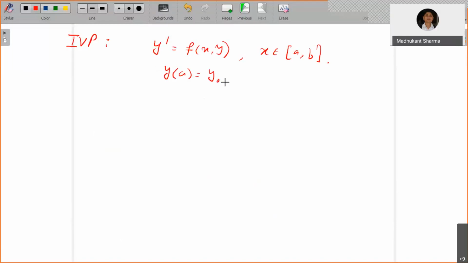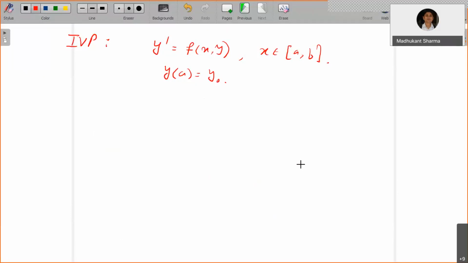We want to approximate the solution at points a plus h, a plus 2h, a plus 3h, and so on, or the midpoint of this interval, or at the point b. Now, there are various ways to approximate the solution of this problem.